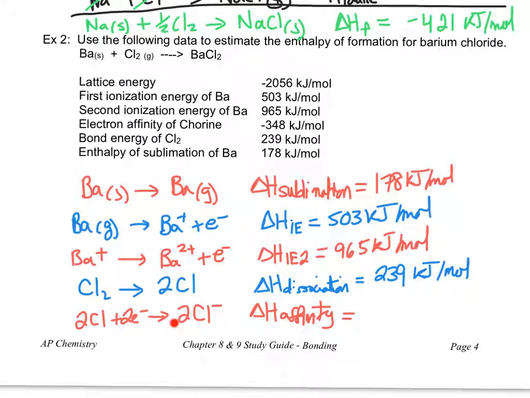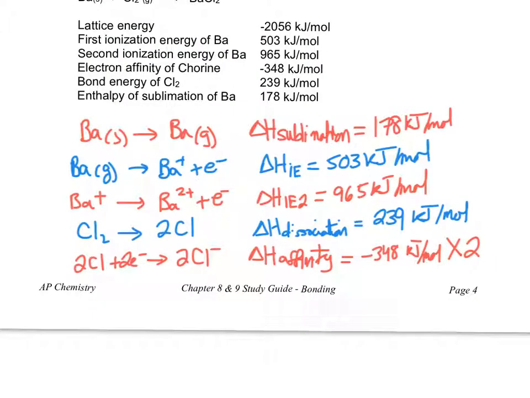We have two of them, so we need to multiply that number by 2. So here's my number multiplied by 2. So now my barium ions are ready, my chloride ions are ready. All I have to do is combine those to form the crystal, to form the solid lattice crystal. So let's do that last step. So we're going to take the Ba2 plus and 2 Cl minuses and form BaCl2 solid. That is your lattice energy.